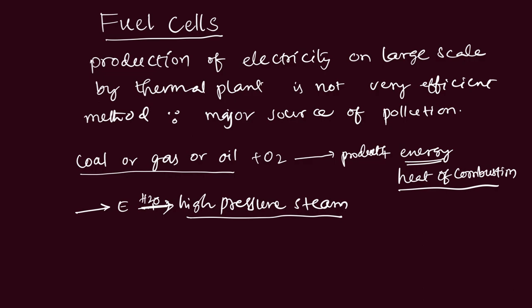So what is the use of this high pressure steam? It is used to run a turbine to produce the electricity. When the turbine is run, it produces the electricity.